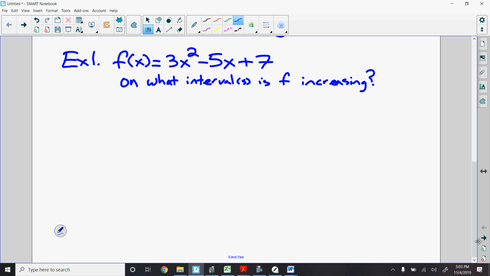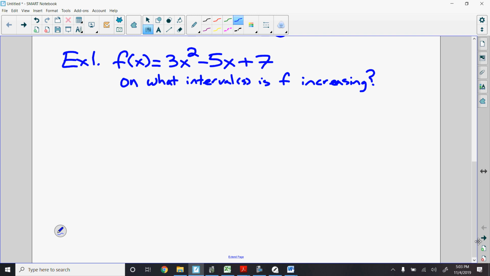I gave you a function f of x. We don't have a graph of f of x, and our graphing calculator is not available. I want to know on what intervals f is increasing. What I know for a fact is that f has to be increasing anytime f prime of x is positive. That's my definition that I know.